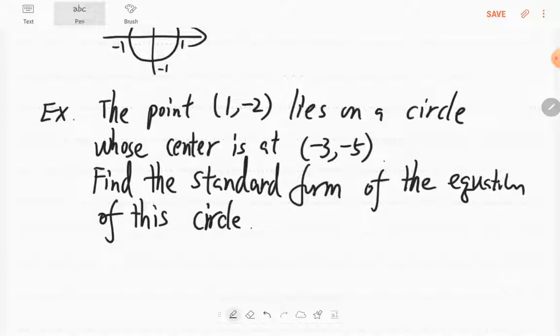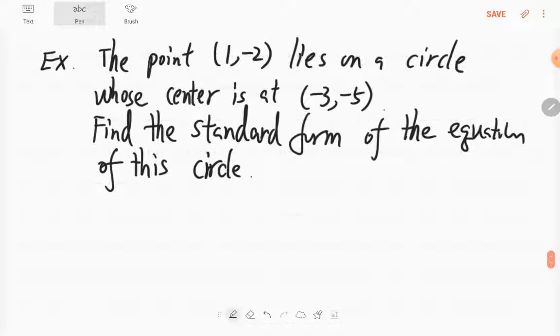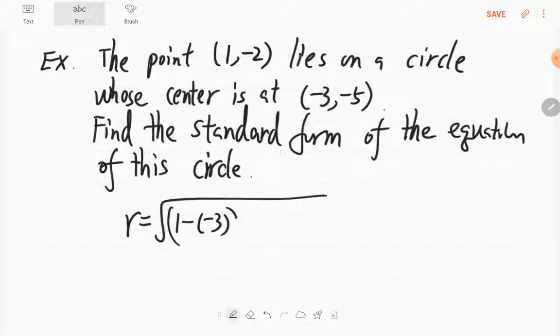Okay, so the first thing, we know this point 1, negative 2 is on the circle and we know the center, so we can find the distance between these 2 points. That will give you the radius. So the radius is equal to the square root of the distance between the two: 1 minus negative 3 squared plus negative 2 minus negative 5 squared.